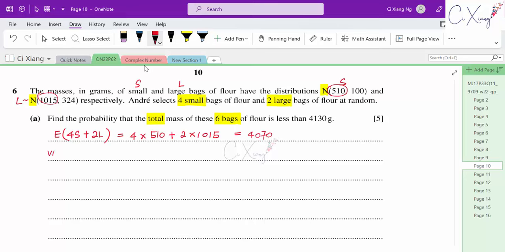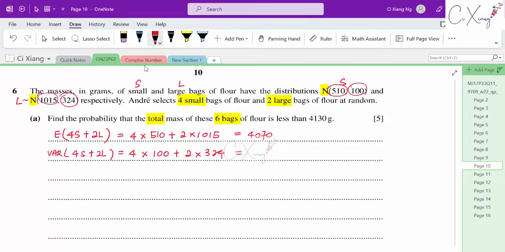For the variance, by right, the total for the 4S means S1 plus S2 plus S3 plus S4. So to calculate the variance, you also times 4 only, without the square. When it is a multiple of the random variable, then when you calculate the variance, only then do we have the square. This is total, so there's no square. So we have 4 times the variance of the small pack, which is 100, plus 2 times the variance of the large pack, which is 324.